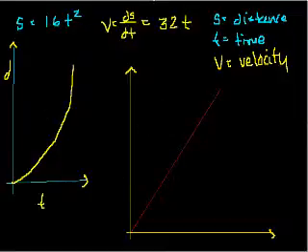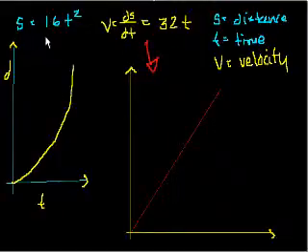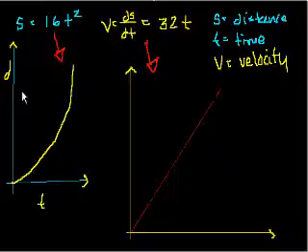Now this is velocity, that graph, and then this is distance, right? So in case you hadn't learned already, and maybe I'll do a whole presentation on using calculus and derivatives for physics, if you have the distance formula, its derivative is just velocity.